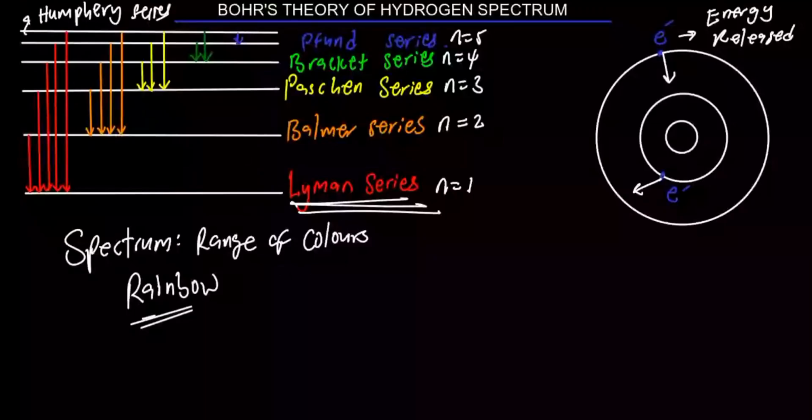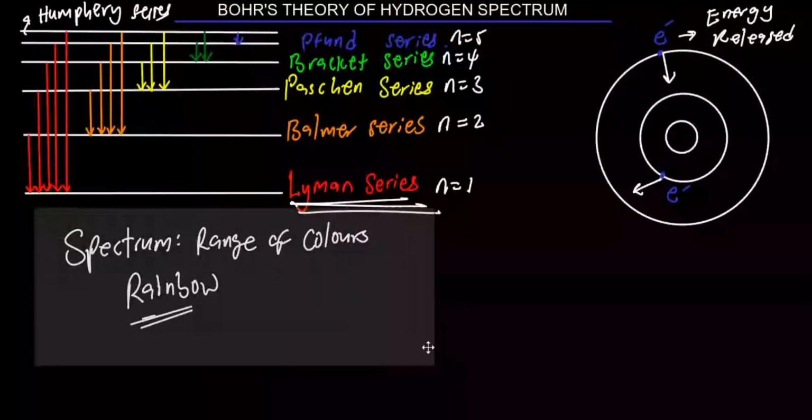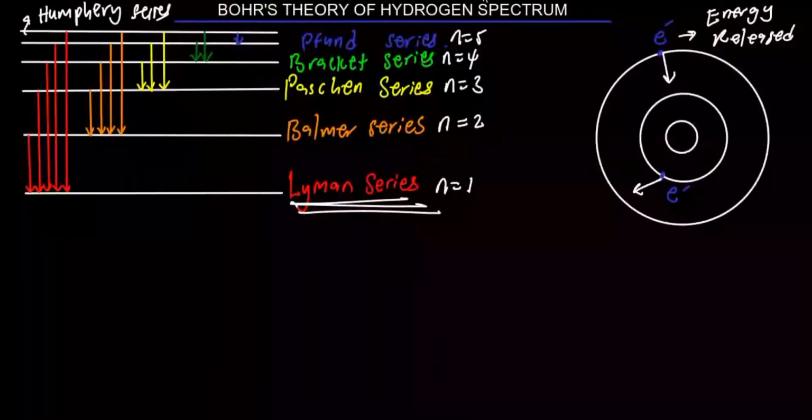Now, take note that spectra are ranges of colors that have wavelengths. How do we get the wavelengths of these spectral lines observed in the hydrogen spectrum? How do we calculate the wavelength of this line? Take note of this formula.